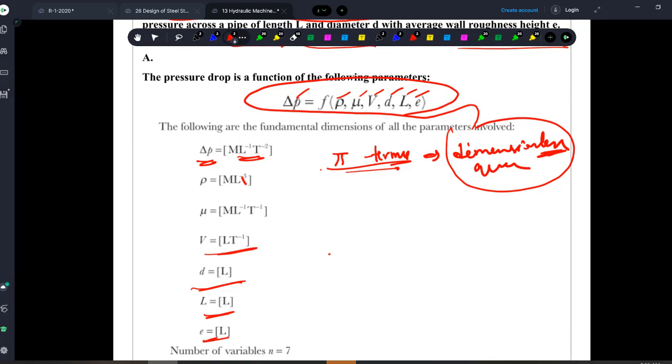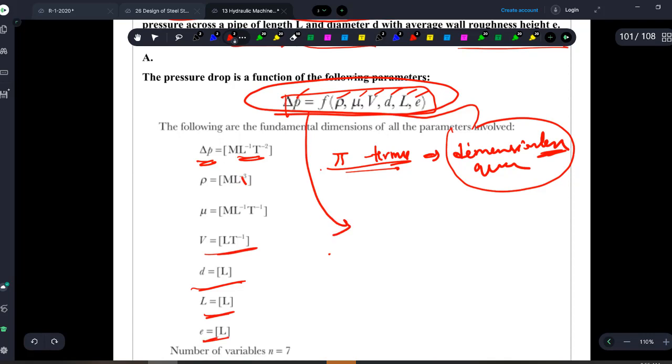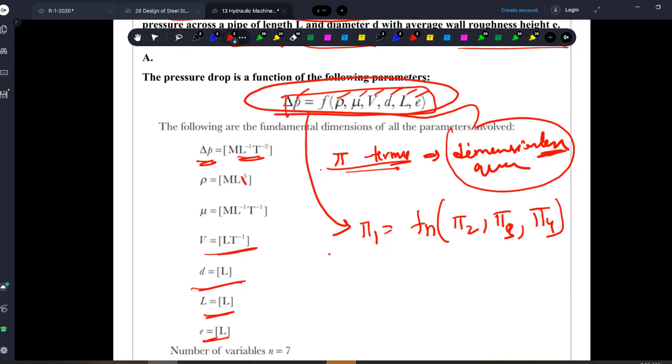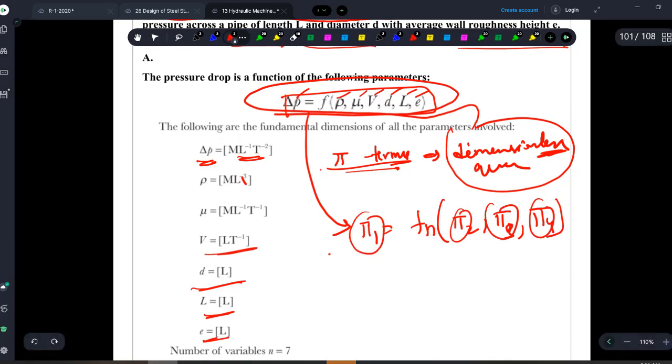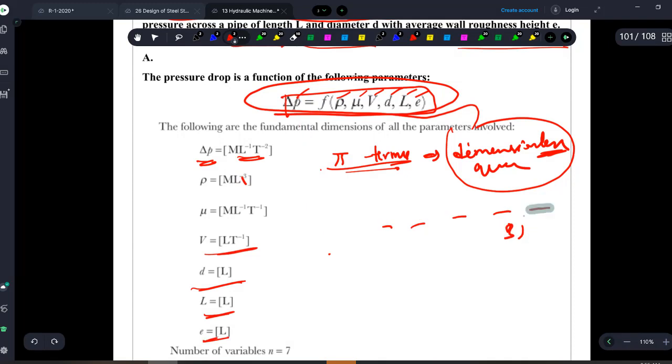So what I am doing is taking this set of variables and changing it into a set of dimensionless quantities. I am writing it as pi 1 is a function of pi 2, pi 3, pi 4. I will change it this way. How to change into these pi 1, pi 2, pi 3, pi 4? How am I changing this? Very easy, let us try to understand.